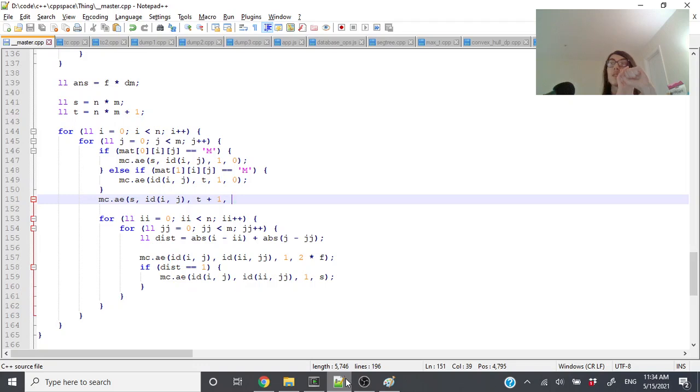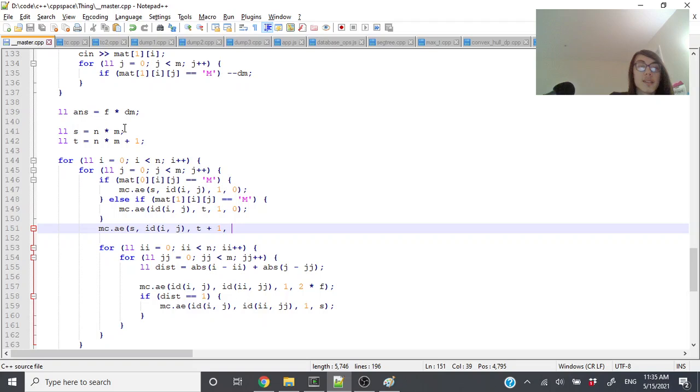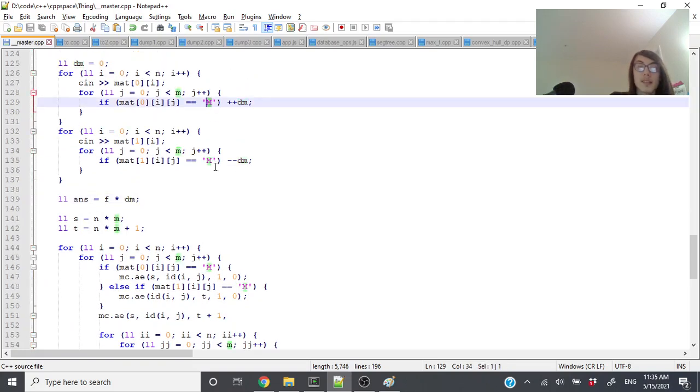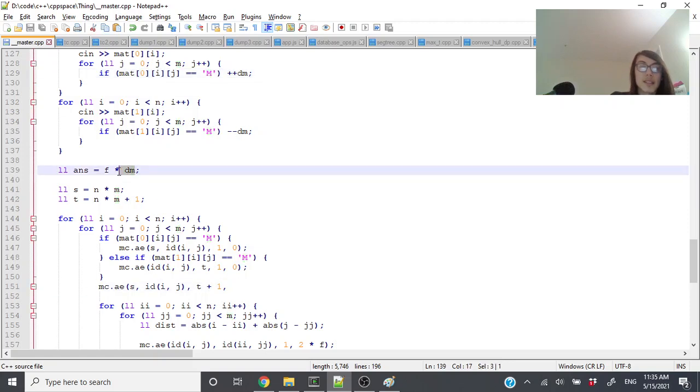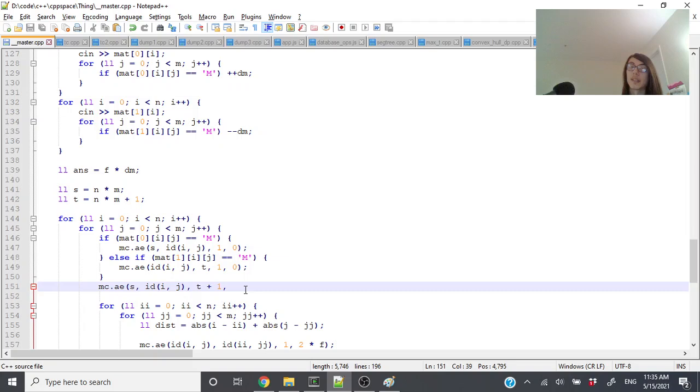And the reason this works is because if we have extra flow in the grid, we'll assume we don't care where it is. We'll just assume later on we'll flip that to get rid of it. And so the reason it works here is if we have fewer M's, then we're going to start off with a negative total cost, meaning that we're going to have to do some of these to get the total flow in the network to be equal, and thus we sort of get some of the unflipping, some of the M's back to G's for free.